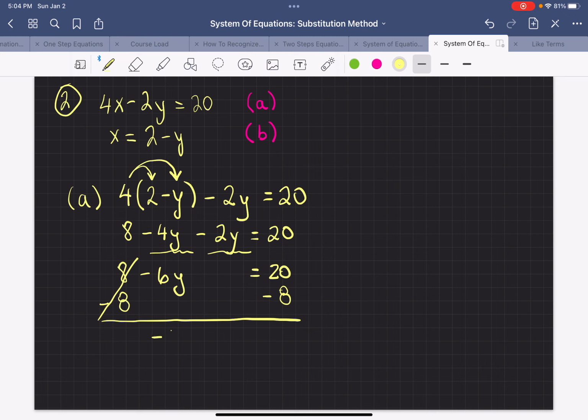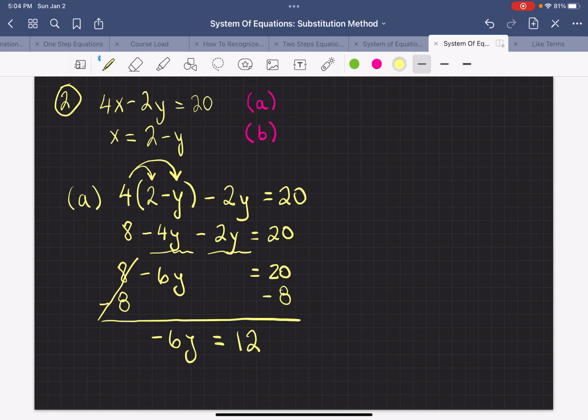And I have a negative 6y equals, don't forget the sign. This is not just 6y. It's a negative 6y. Don't forget that part. And on the right side, 20 minus 8, that will be 12.